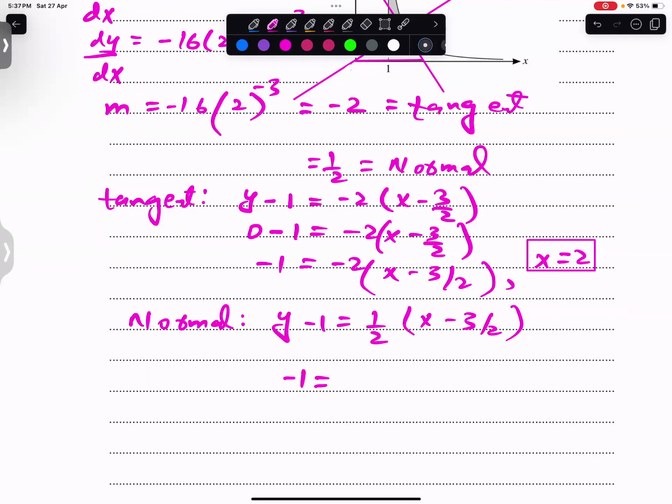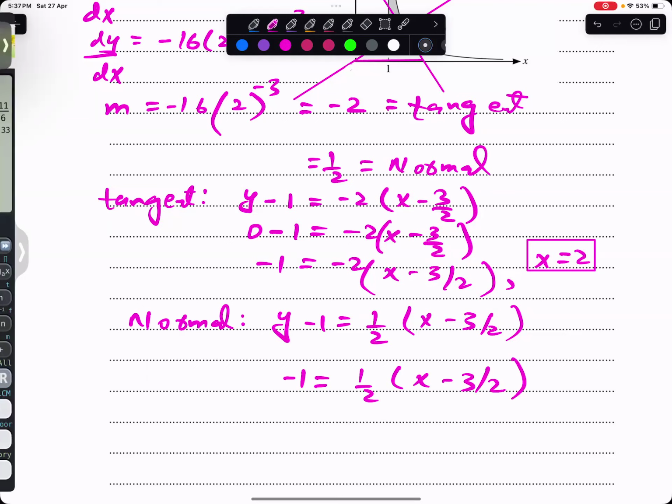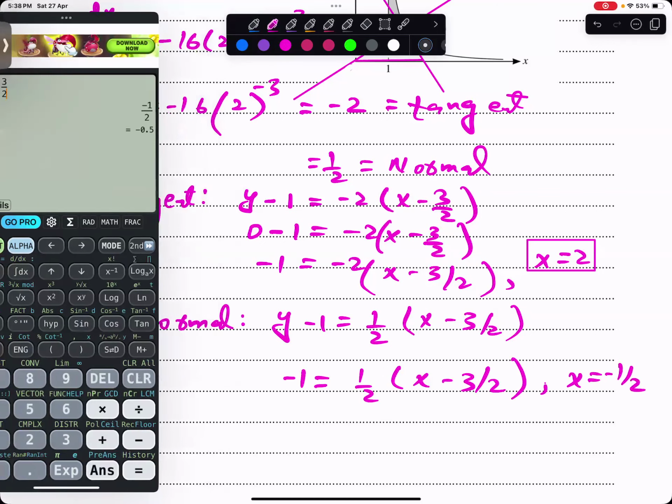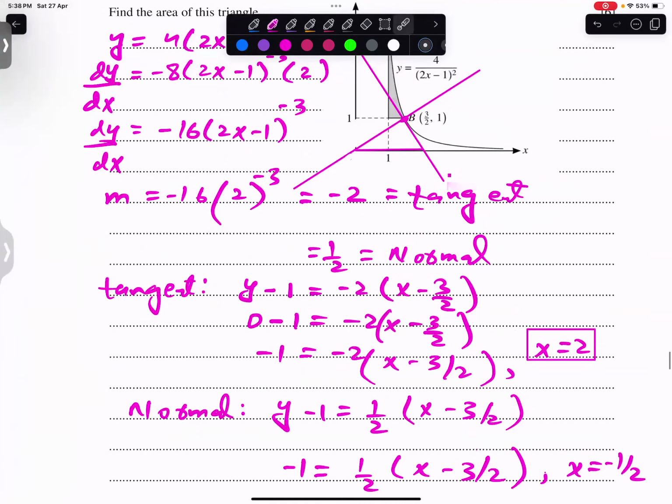So you will get -1 equals 1/2 (x minus 3/2). Bring 2 to the other side, -2 plus 3/2. So -2 plus 3/2 will be -1/2. Ahmed, what is the difference between these? What is this length, if the next point is 2 and the previous is -1/2?